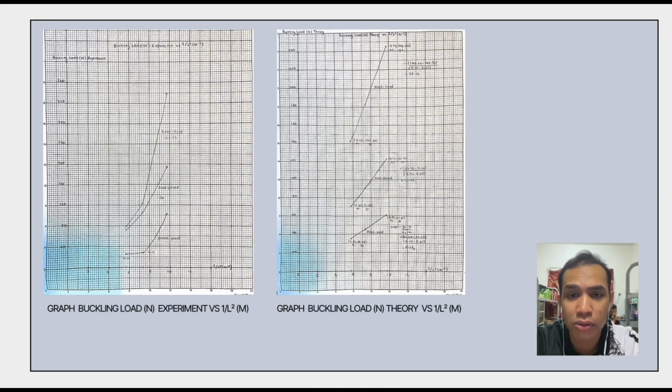So this is our graph for the experiment. The first is the graph of buckling load experiment versus 1 over L cubed, and the second graph is buckling load theory versus 1 over L cubed.